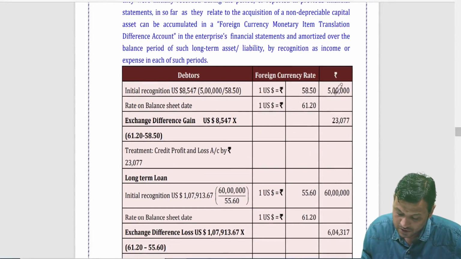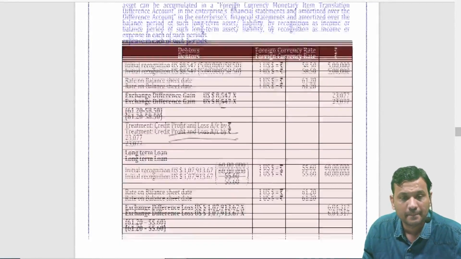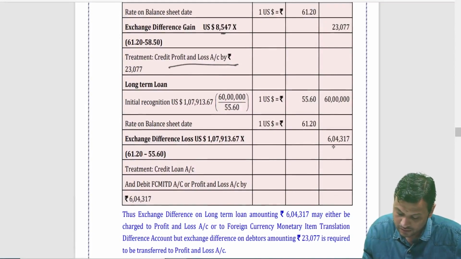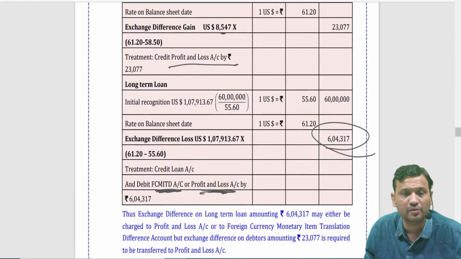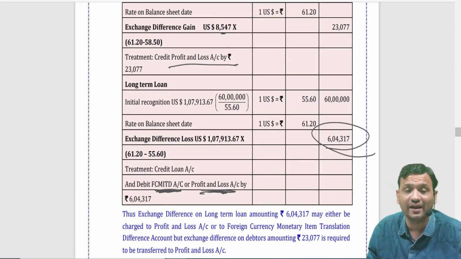So this is what we got, 8547 into this will be debited to P&L. Long-term loan exchange loss is transferred to the FCMITD account or profit or loss. Profit or loss if you're applying AS 11, FCMITD if you're applying para 46A.